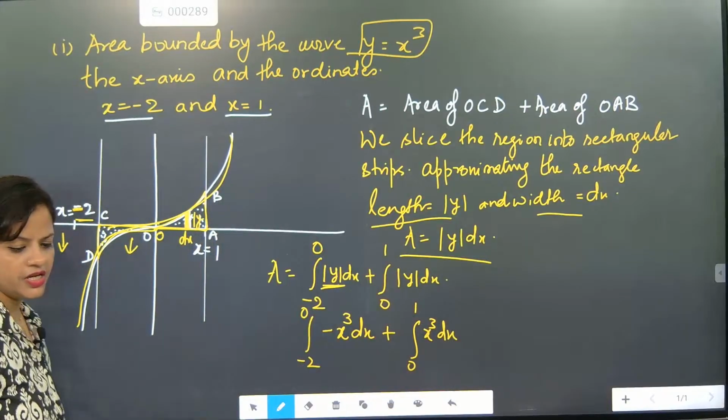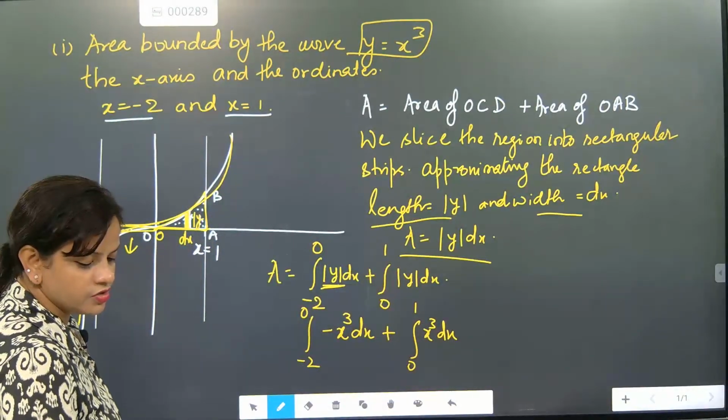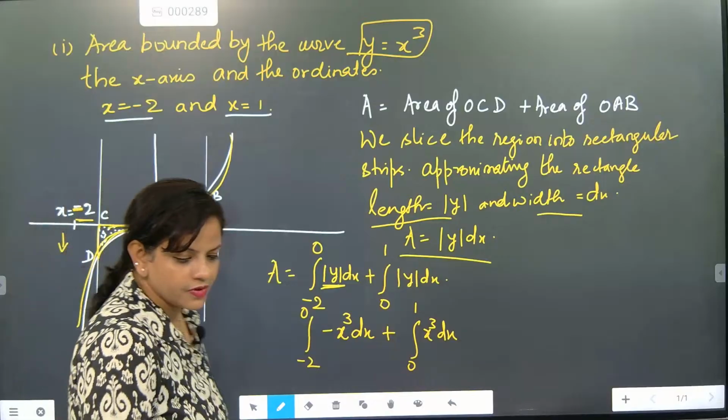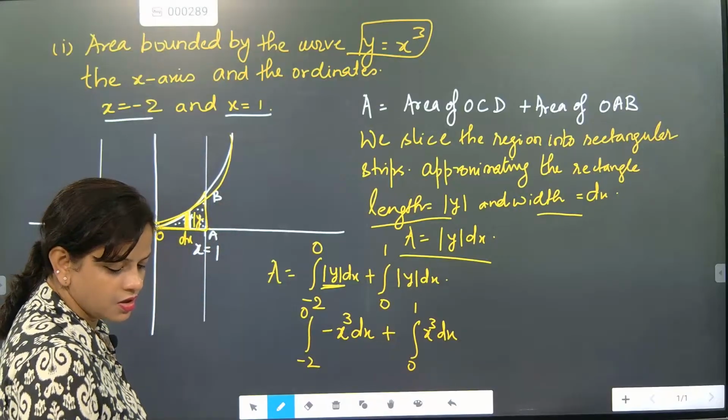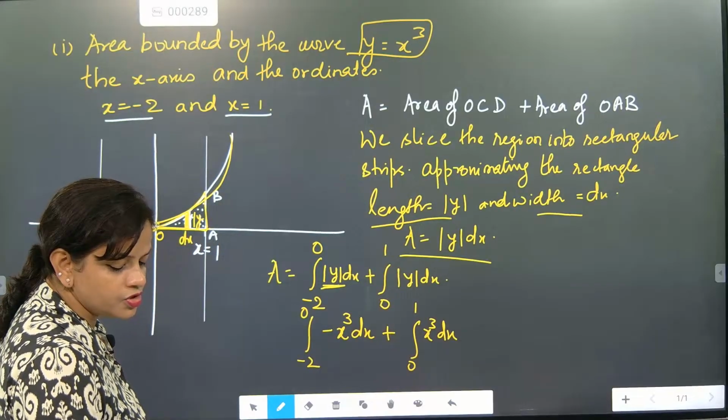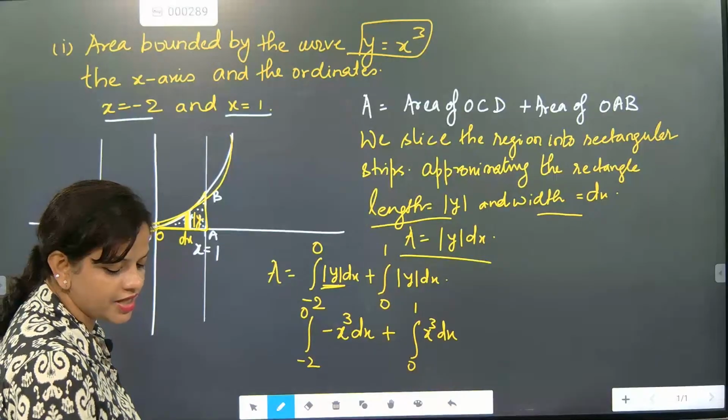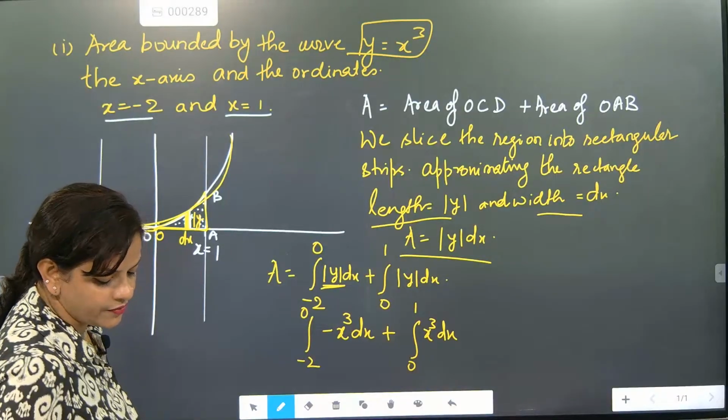Now this region's area only you have to find. This is the most important part and we need to solve this perfectly.